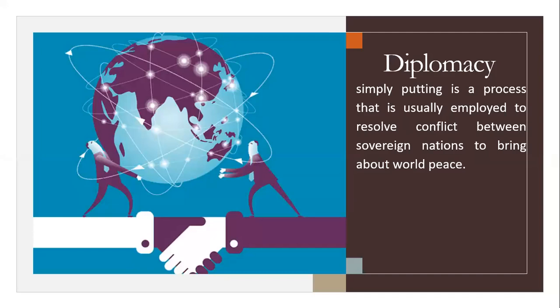The last conflict resolution process we are going to look at is diplomacy. Simply put, it's a process that's usually employed to resolve conflicts between sovereign nations. So when countries are in conflict, the way to resolve the problem is through diplomacy.